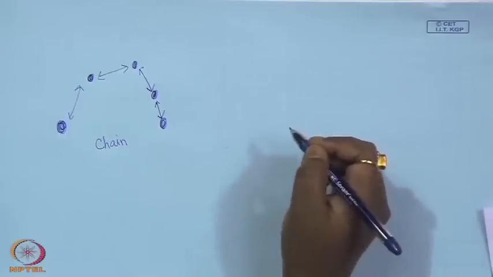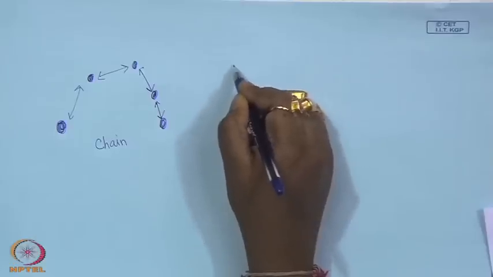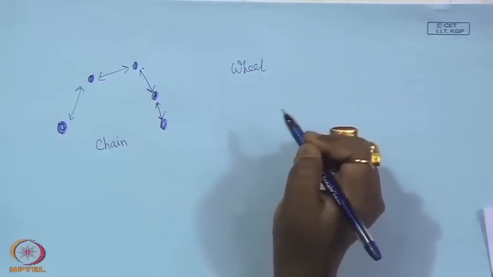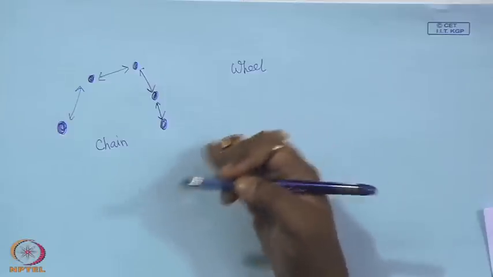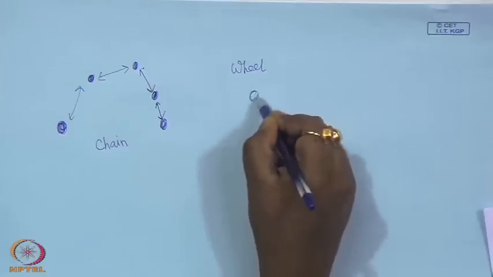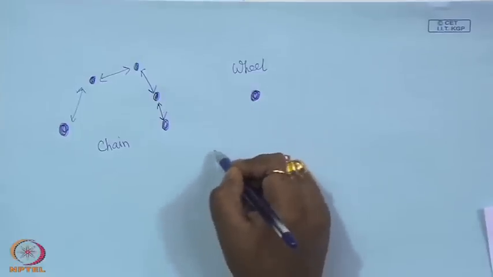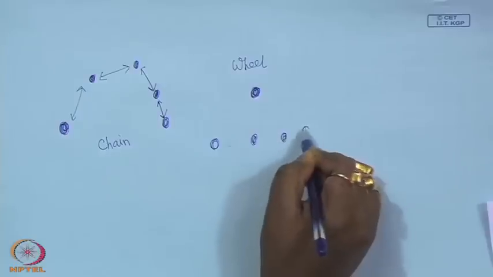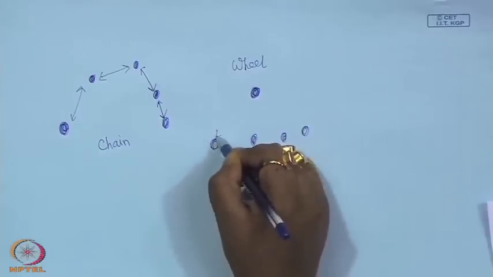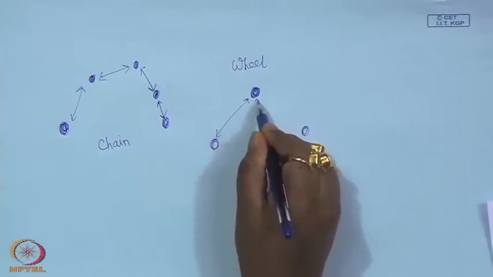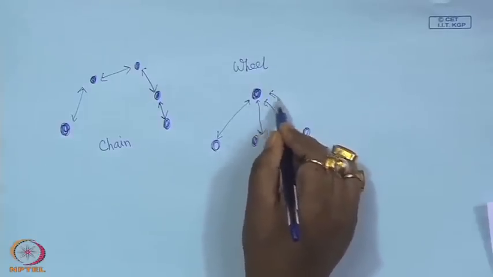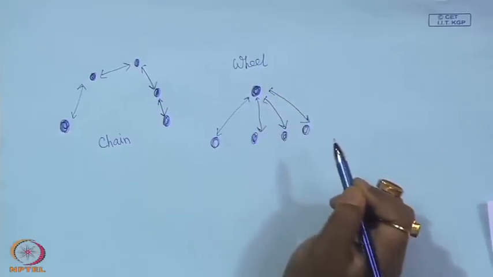Next we come to what is called the wheel. In the wheel network, there is a central leader, and these are the followers, and all communications are directed to the leader and derive from the leader.